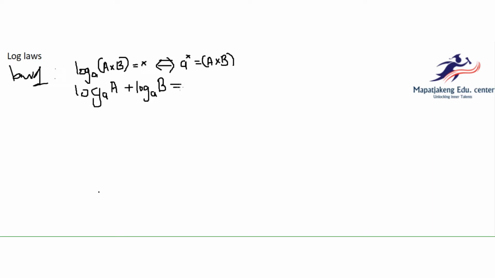This can be rewritten as a single log with a single base, because the bases are the same, and then you multiply a and b just because there's a plus sign here. Let's do an example of this.